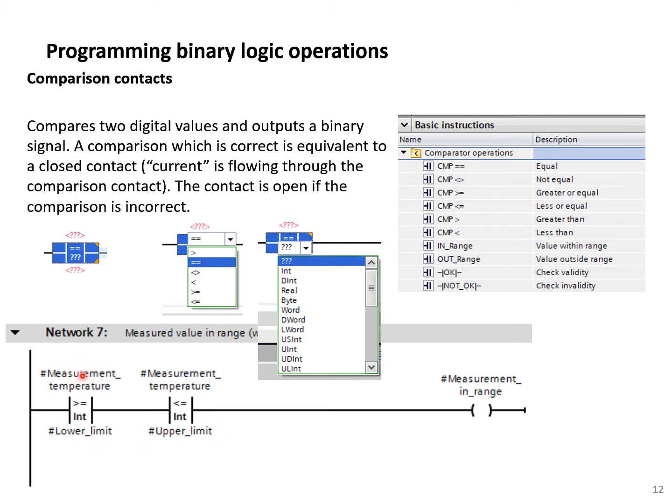So, for example, here, if the temperature is more than or equal to the lower limit, then the output of this contact will be true. And you could see a wide variety of comparator operation contacts, and use either of them based on the program.